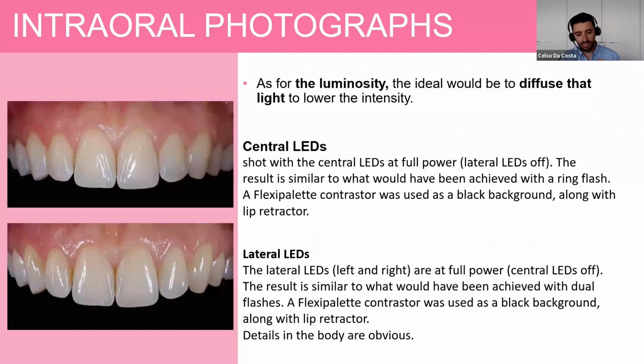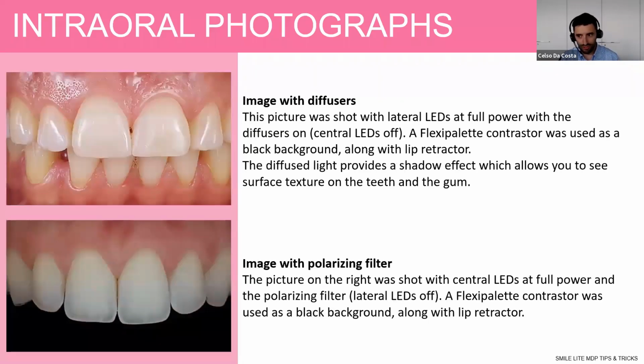So always the lateral lights and with diffusers. I use the diffusers a lot because it's a more uniform light. And on the upper image, you can see even better the gum with all the contour. Because why? Because we are using the lateral LEDs with diffusers.